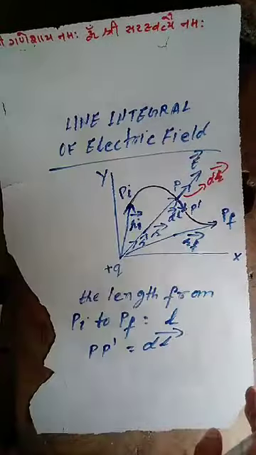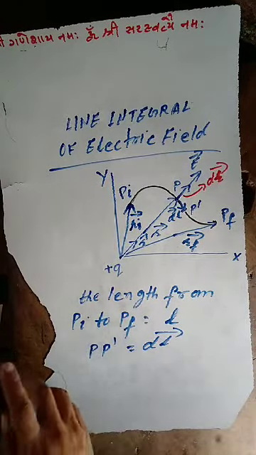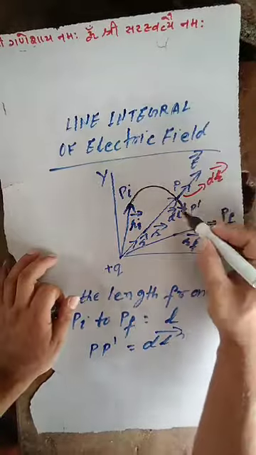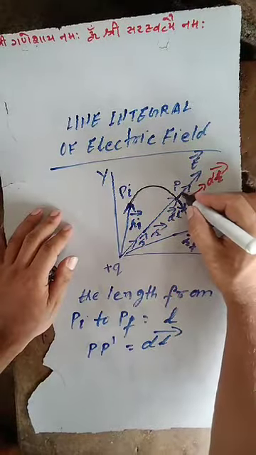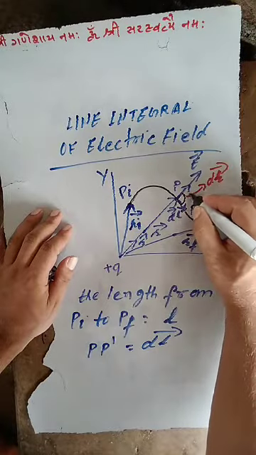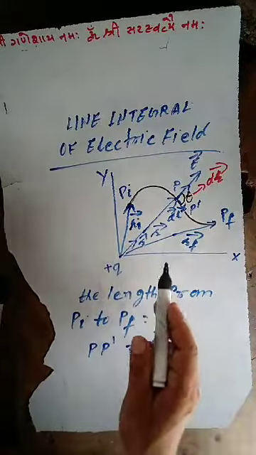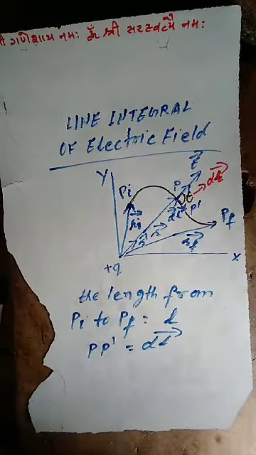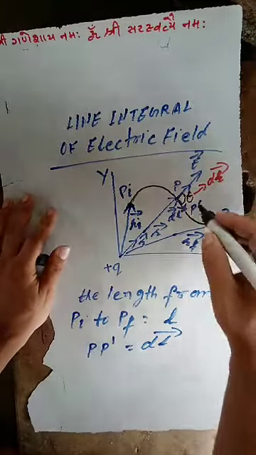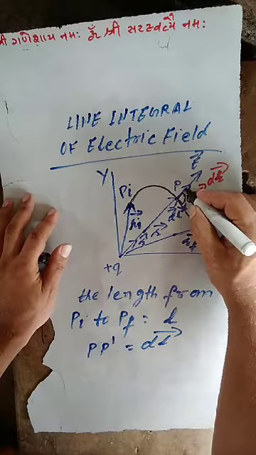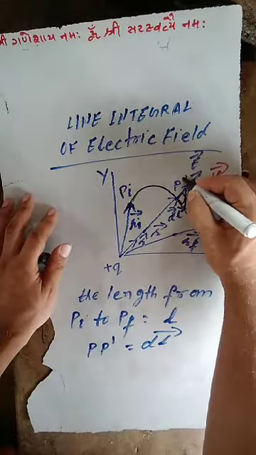Here this is dr and this is dl, and suppose this is angle theta, this is angle theta between dl and dr. We draw a normal from P dash to Pn.